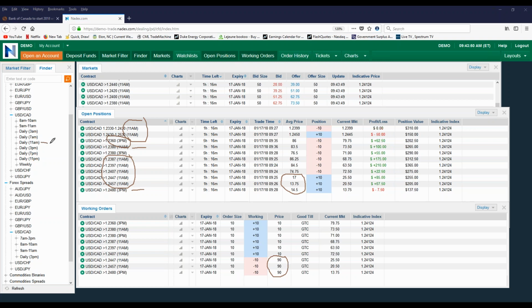You can do the 11 a.m., the 3 p.m., the 7 p.m., the 11 p.m. If you're talking about a move that's 100 pips, that is really significant, okay? That's 5 strikes on a daily, okay? 5 strikes. That is pretty significant. And that's just for a 100 pip move. Does everybody understand that? Any questions on it?